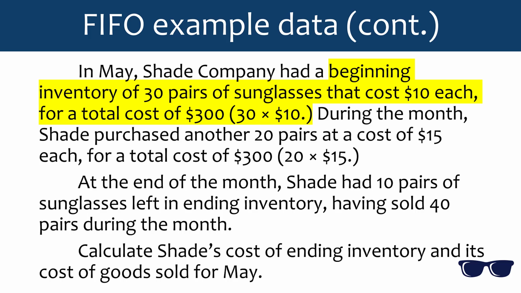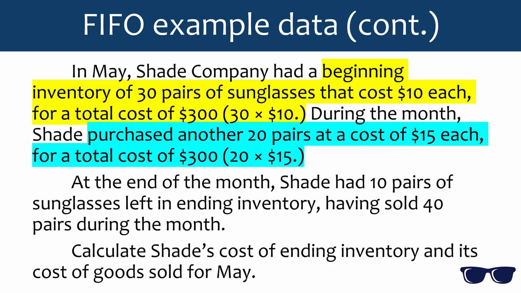I'm going to highlight the critical pieces of information in that data set now. First, we see that beginning inventory consisted of 30 pairs of sunglasses that cost $10 each for a total cost of $300. Next, we see that the company purchased another 20 pairs of sunglasses at a cost of $15 each for a total cost of $300.